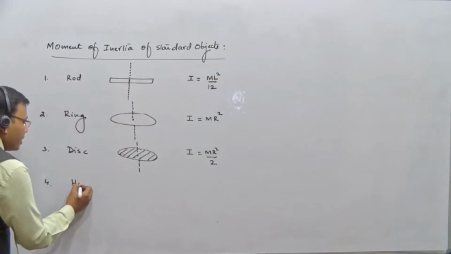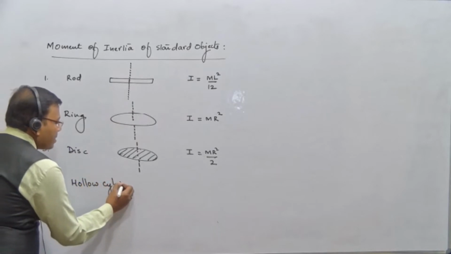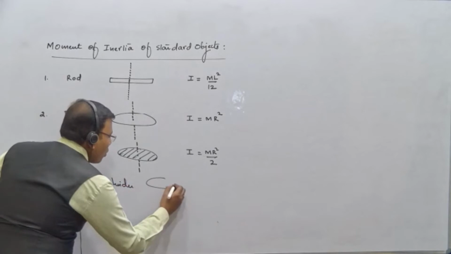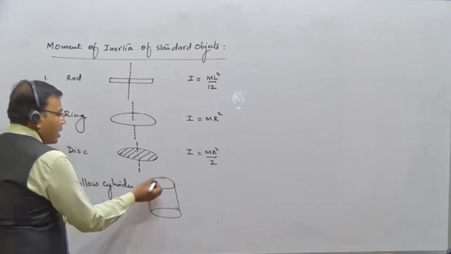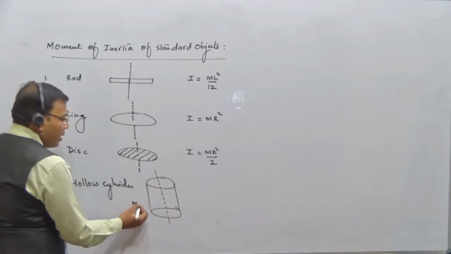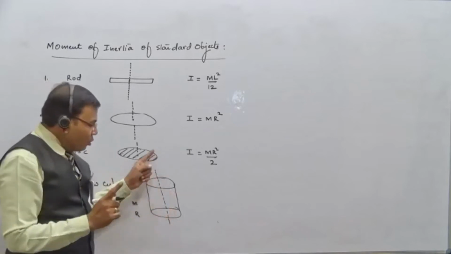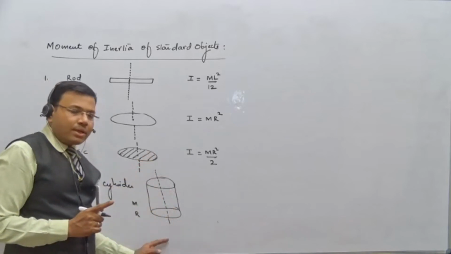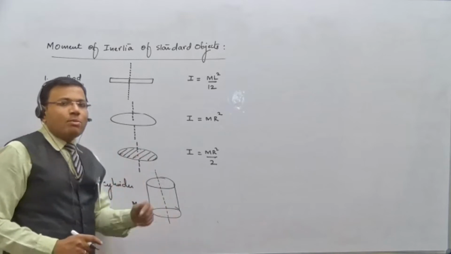This is a cylinder, but I take it as a hollow cylinder. First, I am discussing the hollow cylinder. Suppose the mass of this cylinder is M and the radius is R. Now I am rotating this cylinder about its geometrical axis. Then what is the moment of inertia?